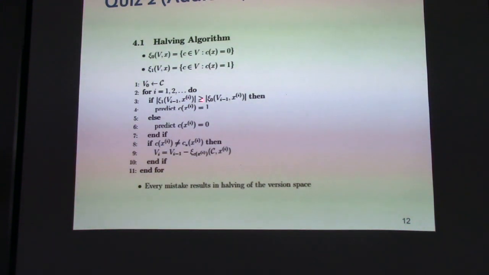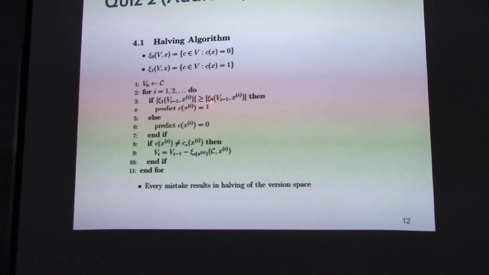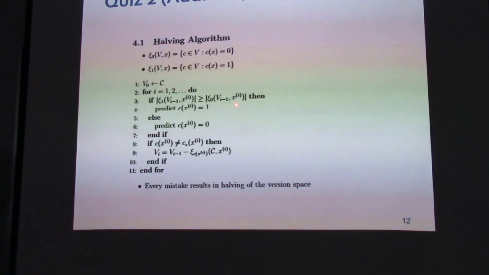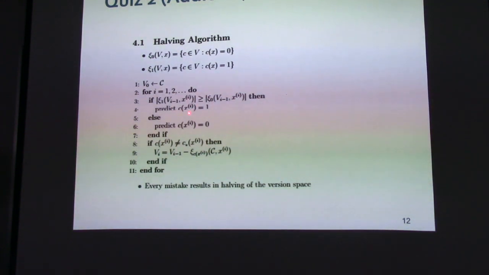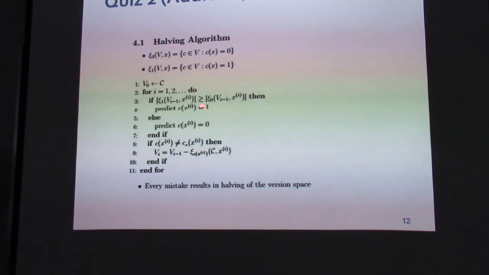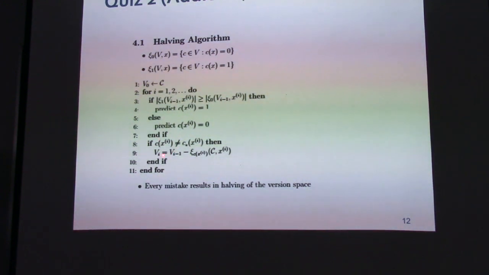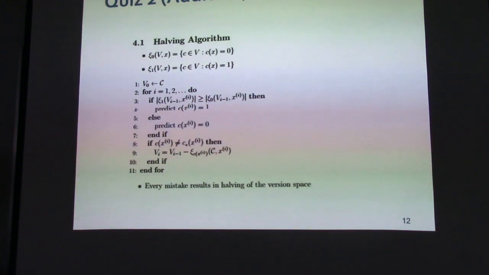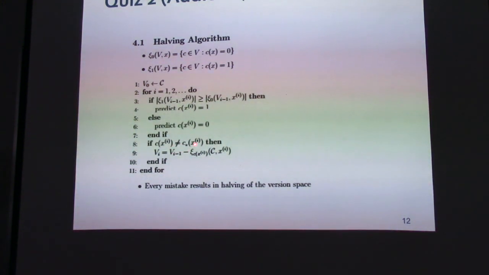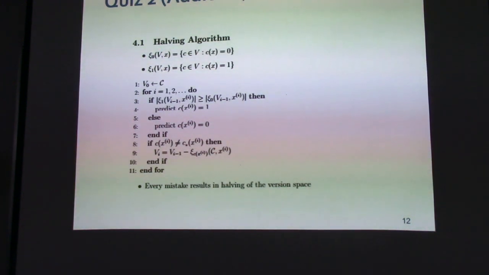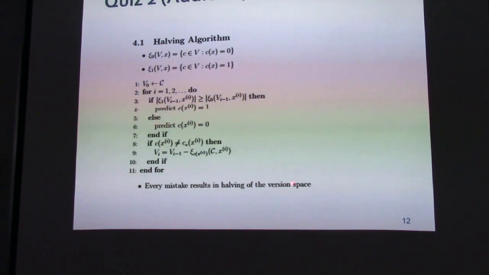If the number of positive examples is larger than that of the negative examples, then the algorithm will predict the new input example as positive. Otherwise, it will predict the new input as negative. If it makes a mistake, the version space will be calculated using the previous version space minus this part. So there is a conclusion for the halving algorithm that every mistake results in halving the version space.